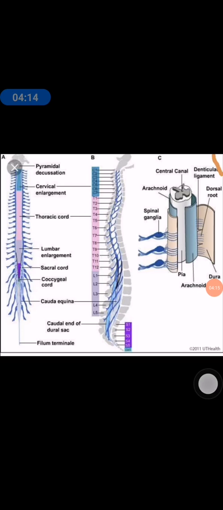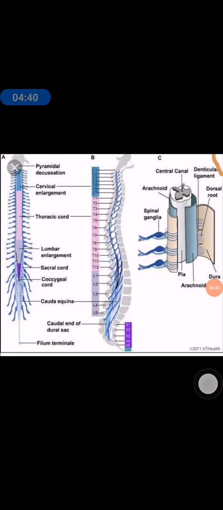The ventral rami of these spinal nerves unite to form the brachial plexus, which supplies the upper limb. The lumbosacral enlargement lies at the level of lumbar 1 to sacral 3 segment and supplies the muscles of the lower limb.